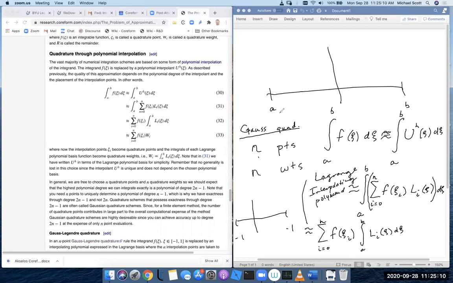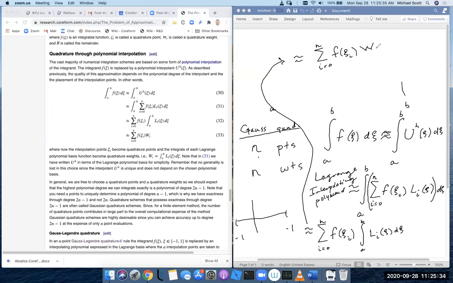Let's come up here, guys. And our last step is just noting that, okay, so that's our quadrature rule.